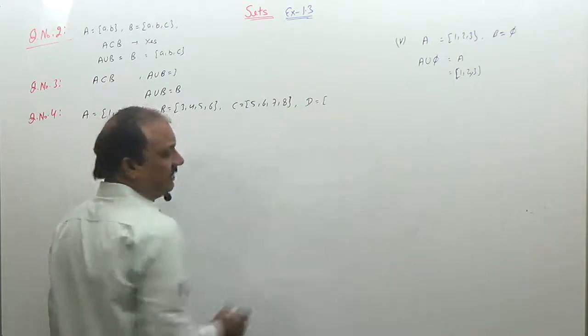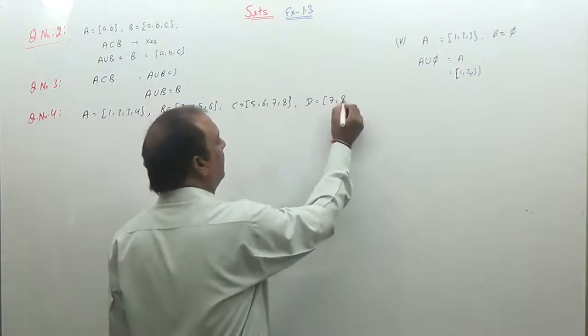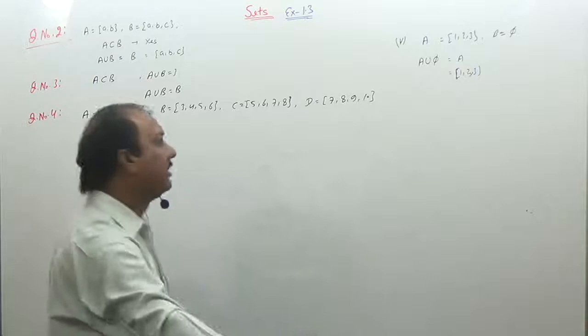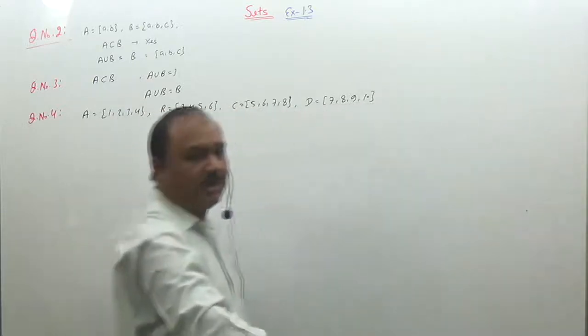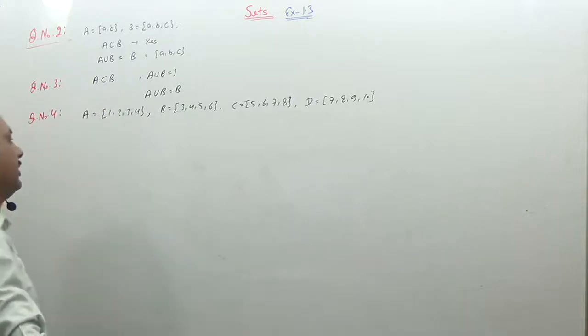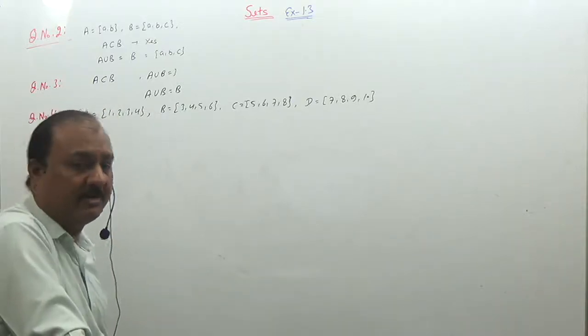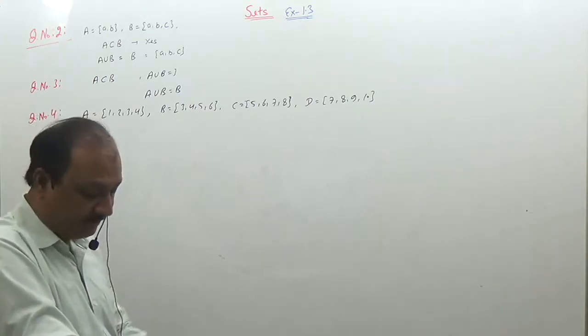And D is the fourth set which contains the elements 7, 8, 9, 10. So the four sets are given: A has the elements 1, 2, 3, 4. Set B contains the elements 3, 4, 5, 6. Set C contains the elements 5, 6, 7, 8. Set D contains the elements 7, 8, 9, 10.